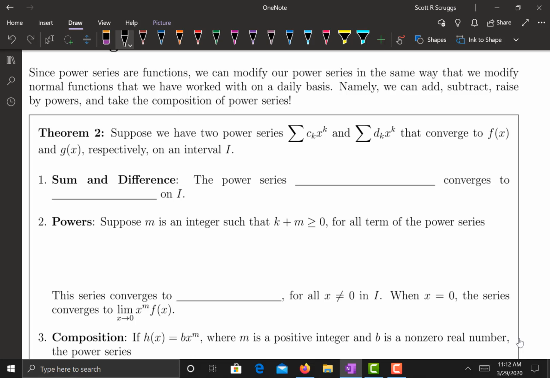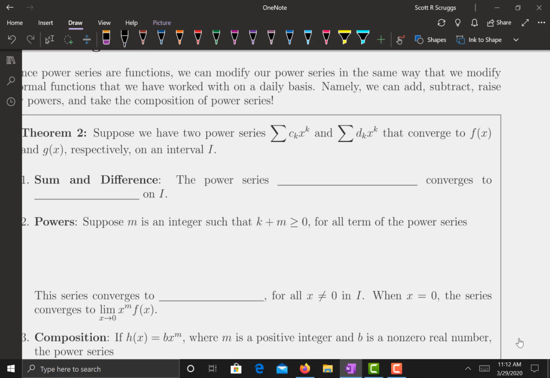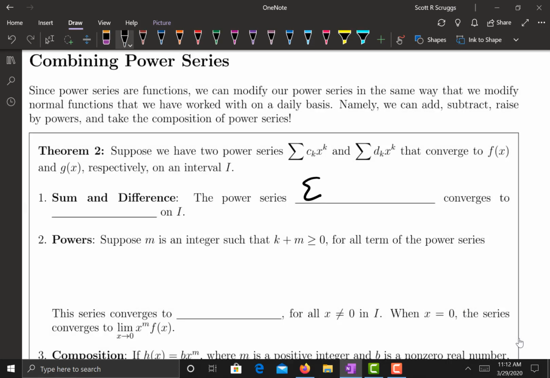So, when I'm combining power series via sum and difference, the first property is going to be the straightforward one, in which case I'm going to add my two power series, and because I already have x to the kth power, the only thing that we'll be doing is adding and subtracting c of k plus or minus d of k.